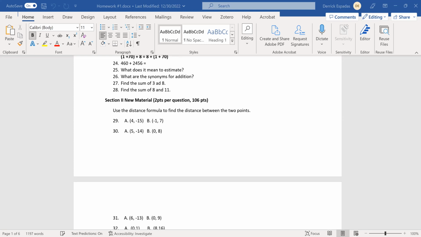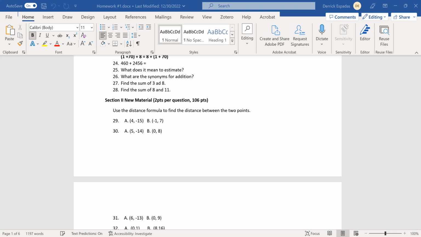And then we do x2 minus x1, and 0 minus 2 is -2. And then y2 minus y1 is 8 minus 3. Well, 8 minus 3 is 5.